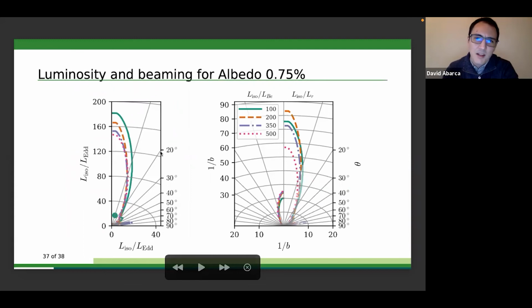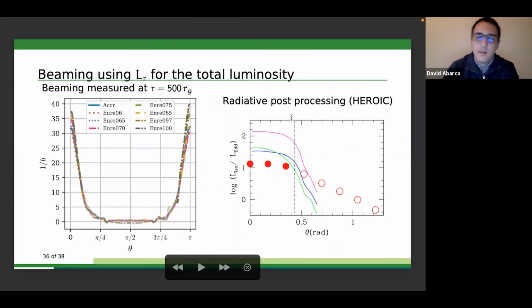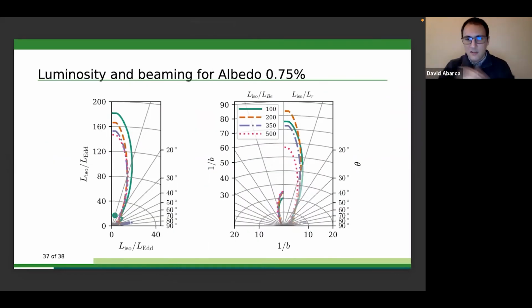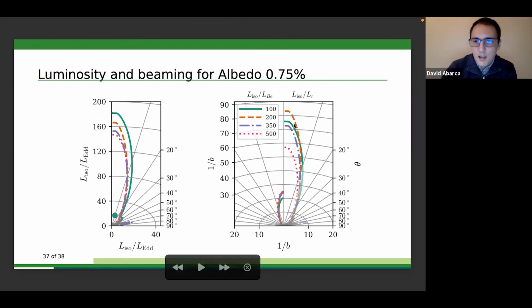This is the same plot as before, except I'm measuring this isotropic luminosity at different radii, and then computing the beaming over here. Again, I'm sorry for the mixed way that I'm presenting the plots; I was just grabbing stuff to put here. The point is that you can get different values for the beaming depending on what you choose for this true luminosity.